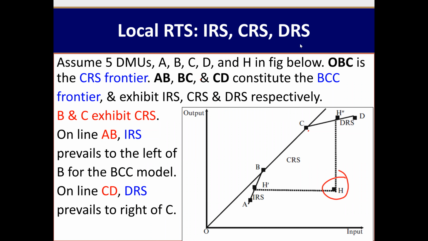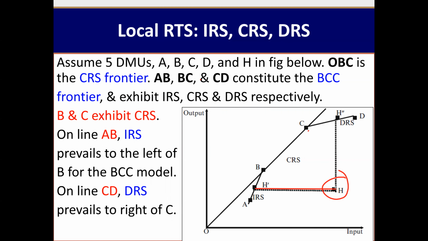Even though the explanation, I'm just going to go very quick here. If you are trying to look for the local returns to scale for H, and you are doing input orientation, it will hit the frontier on this section. And when it does that, H will be identified as operating at an increasing return because you are dealing with input orientation.